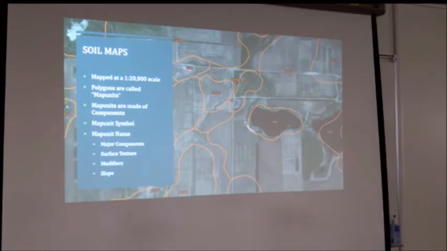It has a surface texture included in that map unit name, and then any modifiers if it's gravelly, if it's saline, and then followed by that we have our slope, which corresponds with the letter at the end of the map unit symbol. So like that F4A, that A corresponds to a 0 to 1% slope.